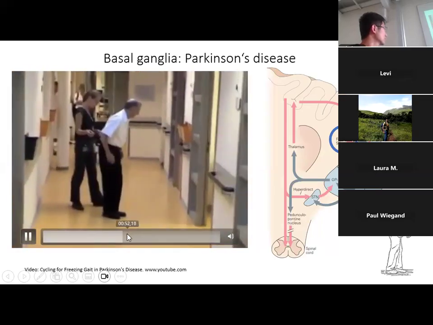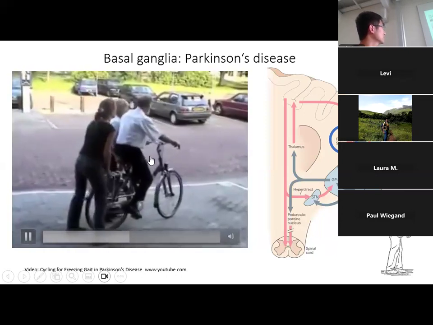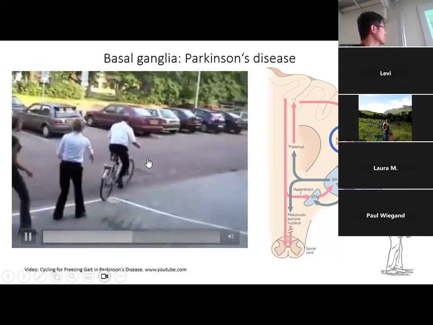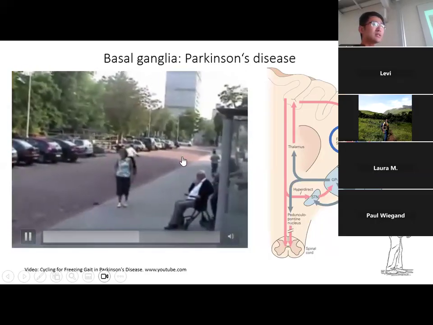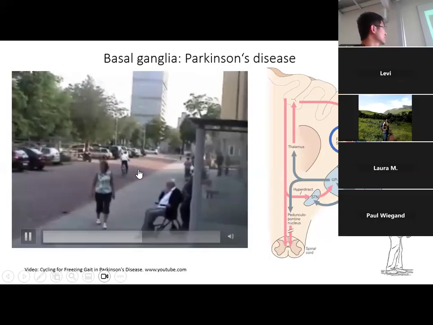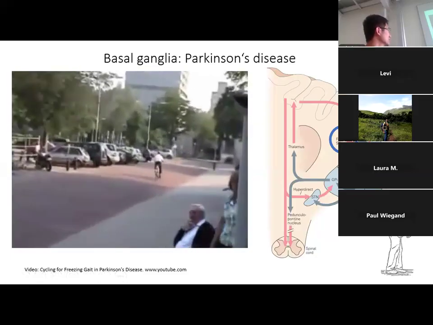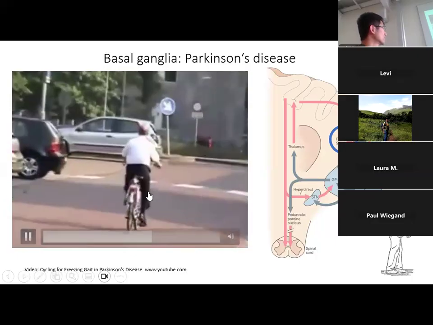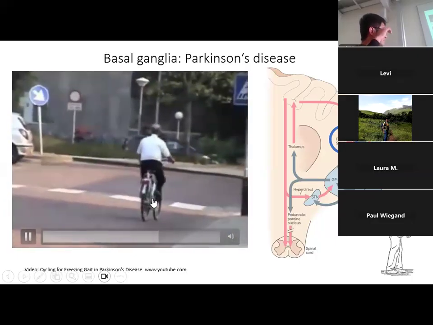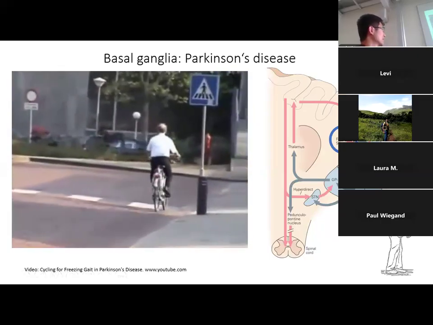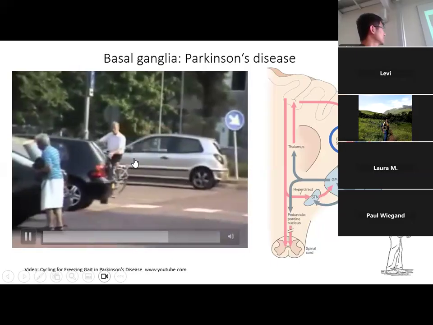So here, what if you let him ride a bicycle? As long as I push it, he just automatically drives this bicycle. So it seems that as long as the movement is initiated, he has no problem doing this. He's also able to look around and make a turn.